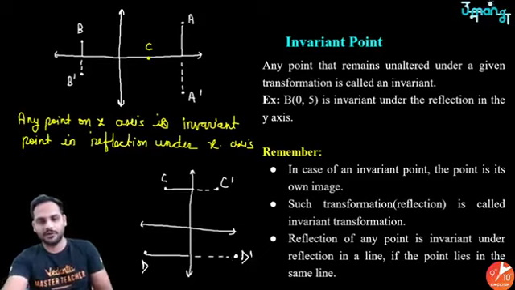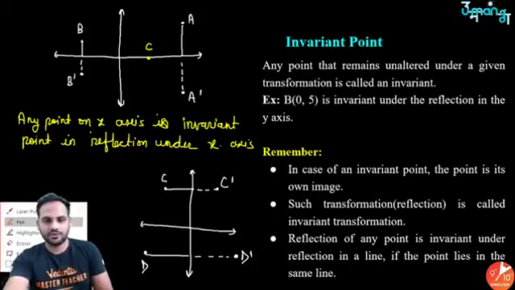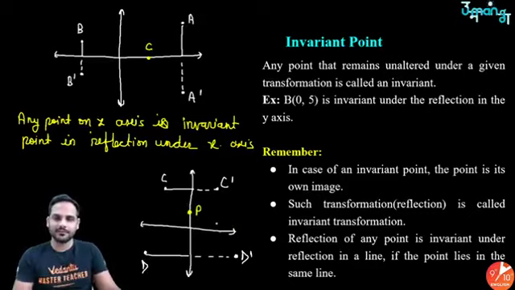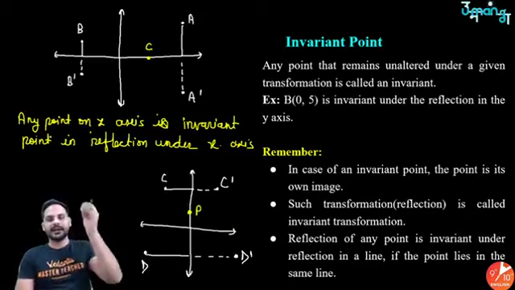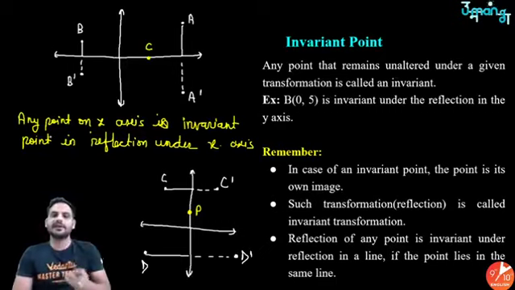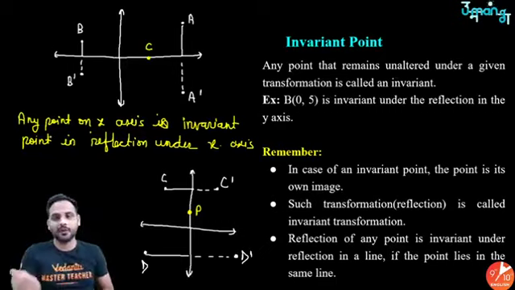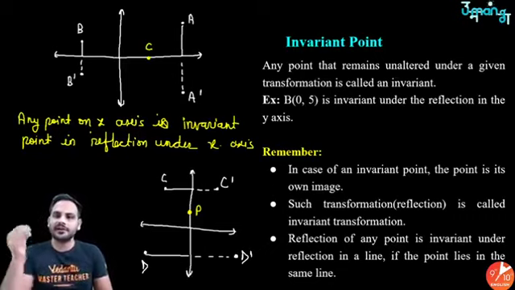But what if I choose a point on the y-axis, let us say point P? You can clearly see this point P's image will be the same. So similarly, as we said that any point on the x-axis is an invariant point under reflection in the x-axis, in the same way any point on the y-axis will be invariant if the reflection is under the y-axis.